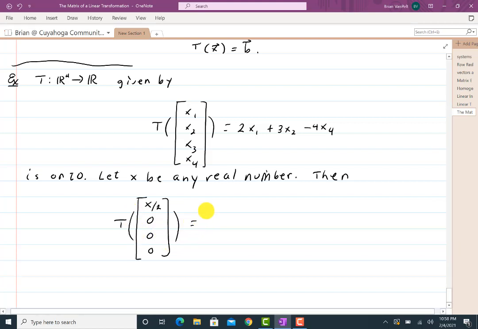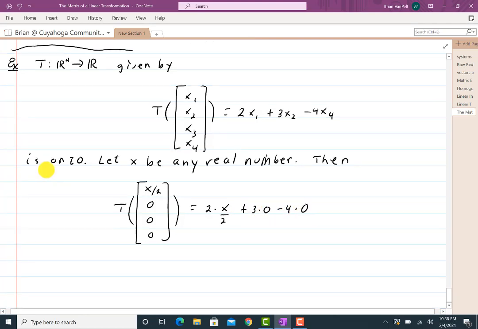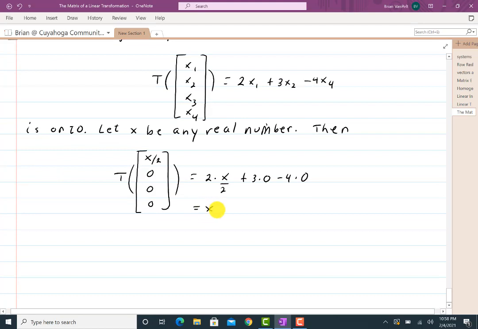According to the rule then, this is twice the first entry plus 3 times the second entry minus 4 times the fourth entry. And that equals x. Since x was picked arbitrarily, I'm able to find something that maps onto it. You can try some other things for practice: if you pick any x in R, you could have put x over 3 in the second spot and zeros everywhere else, and that would have also worked.